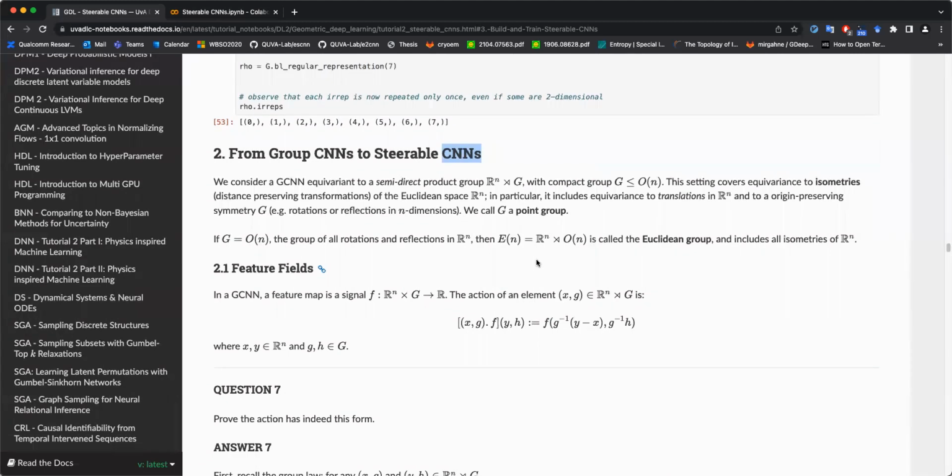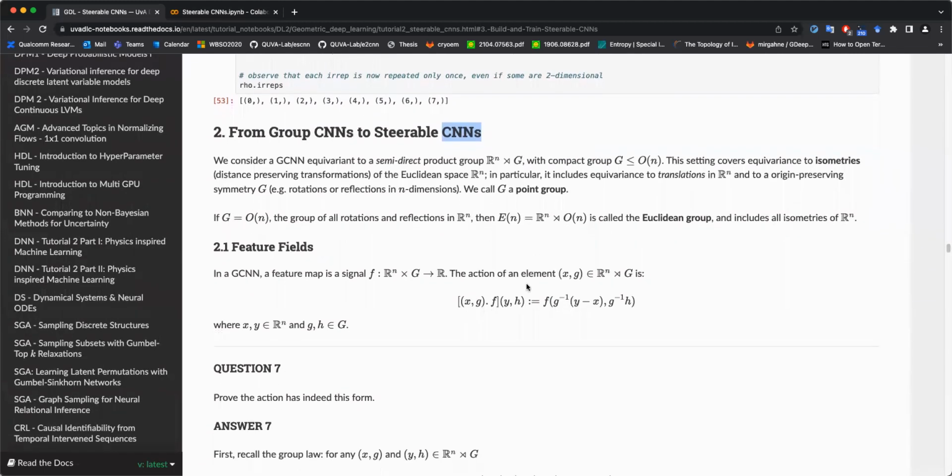In a Steerable CNN, okay, let's start from a group convolution. In that case, you take, for example, filters, you apply every possible transformed version of them, and you generate a feature map which has an activation for each group element.